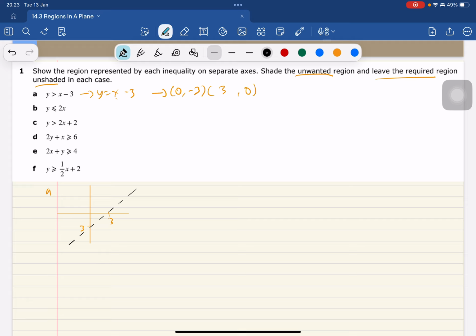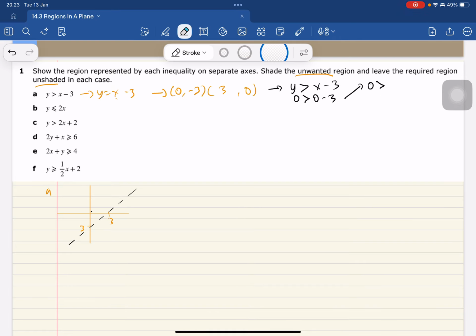Now let us take the origin, which is 0, 0, and test it in the inequality y greater than x minus 3. So when y equals 0, is 0 bigger than 0 minus 3? Is 0 bigger than minus 3?